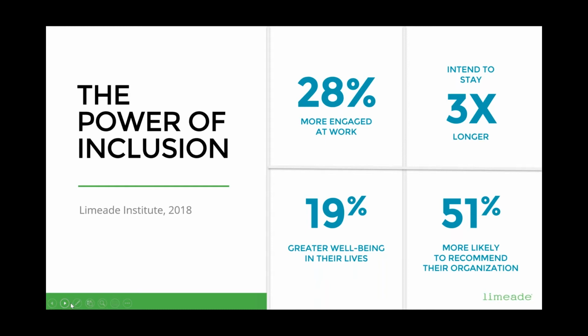They want to stay longer at their organizations, they have greater well-being, and they're more likely to recommend that organization. So I think you're pointing out the importance of measuring inclusion from that societal level and measuring it across the organization is a great action to take. And I think we echo that and also see that there's people impacts too, and impacts on their work and how they show up, as well as for that business itself.